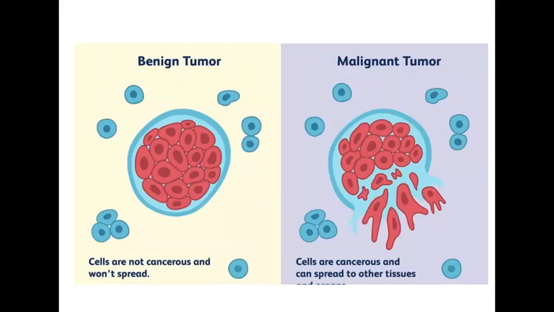In a benign tumor, the tumor cells are encased in a capsule-like structure and they do not move from the site of origin. But the malignant tumor cells come out of the capsule and start spreading to other body parts, to other tissues.